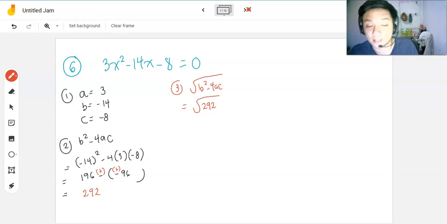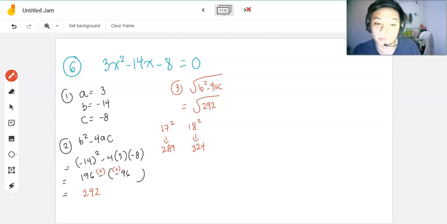It's between 17 squared and 18 squared. Kasi ang 17 squared, yan ay 289. And then, ang 18 squared ay 324. So, 292 is between these two perfect square numbers. Therefore, hindi siya perfect square.